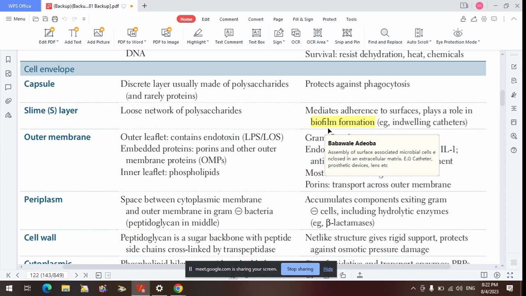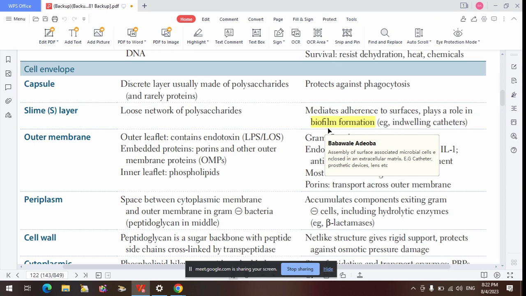Maybe somebody uses a prosthesis, or somebody takes in a contact lens, or you insert a catheter into somebody. So microbes can colonize those structures and form biofilms within them. They aggregate within those surfaces, and what fixes them to that surface is extracellular matrix material, so that they will just stay there and be causing damage.